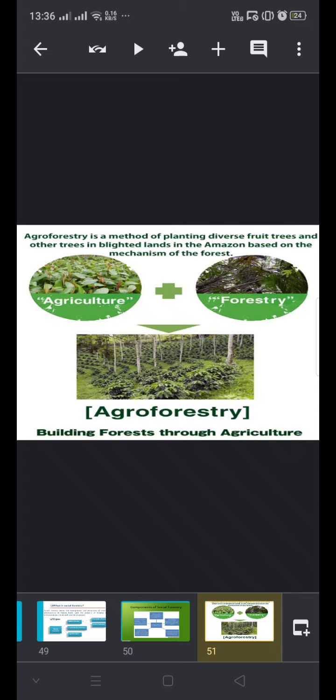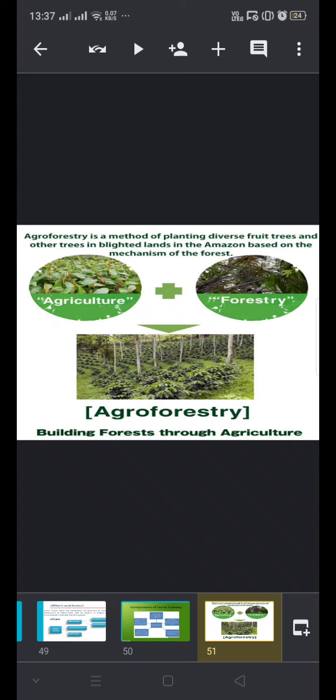So they are combining agriculture and forestry, and this is called agroforestry. So I repeat, agroforestry is a part of social forestry only. The farmers grow crops, rear animals, grow fodder and grow trees for fuel. Those crops are grown which are giving fuel or fodder.